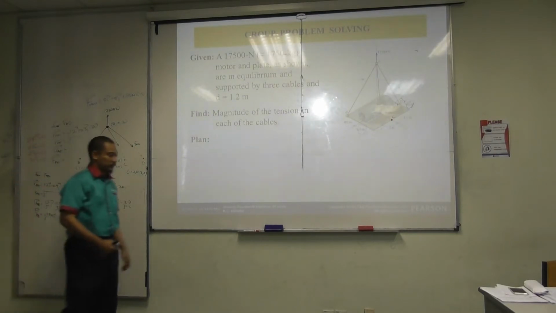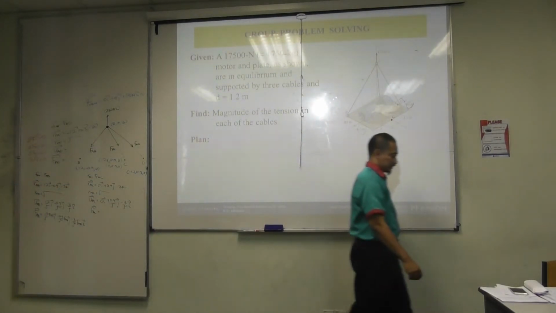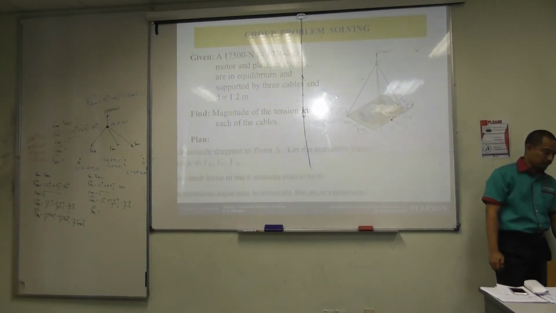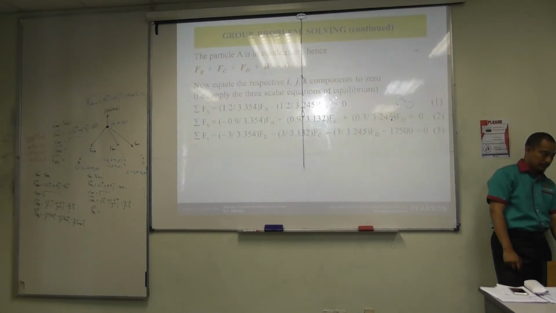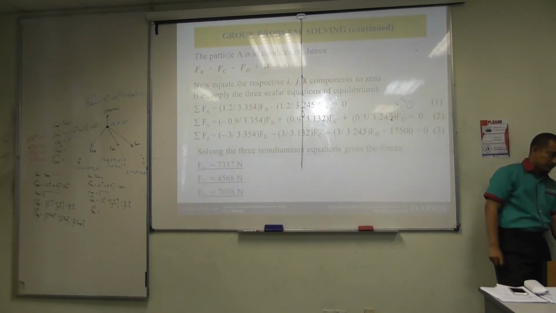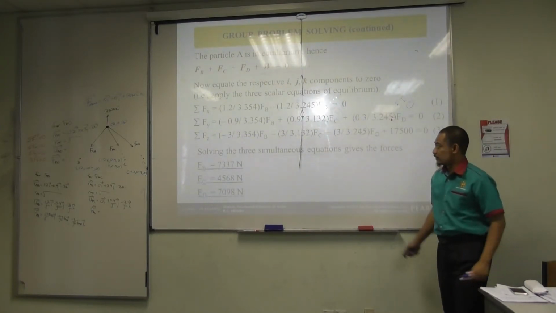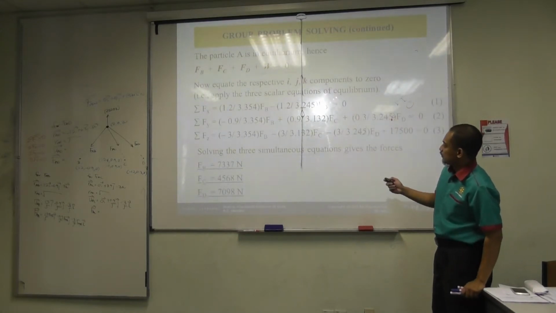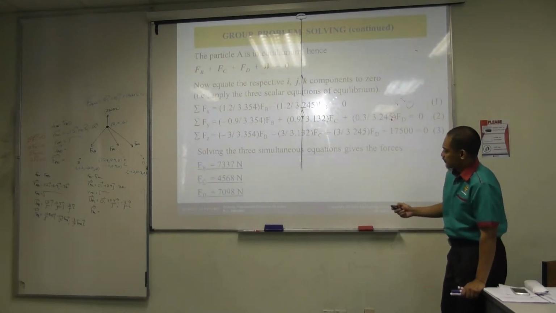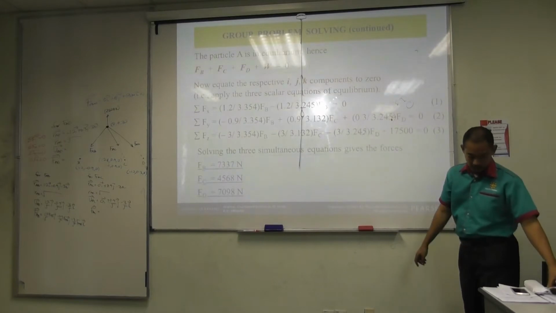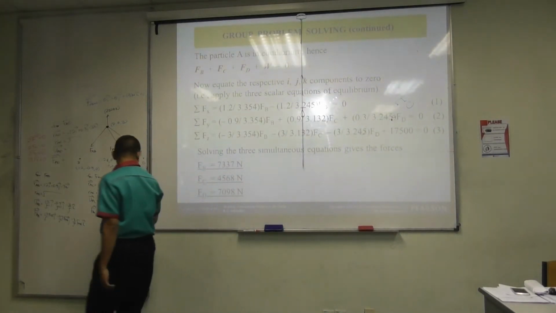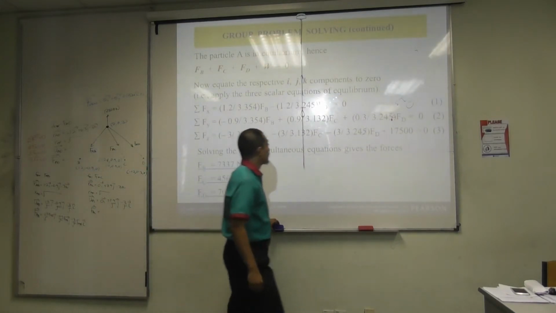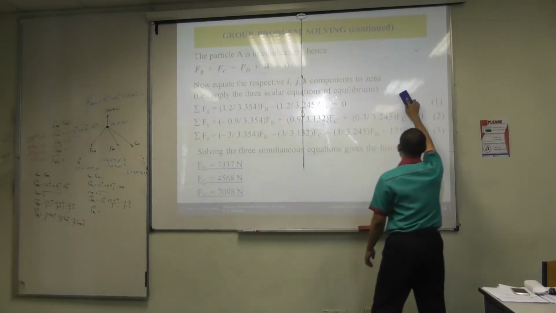So if you express that, as we can see in the slide, you'll have something like that, right? When you express Fx, Fy, Fz equal to 0, 2 unknowns, 3 unknowns, 3 unknowns here. So you can solve by simultaneous equations to get the value there, right? Any question?